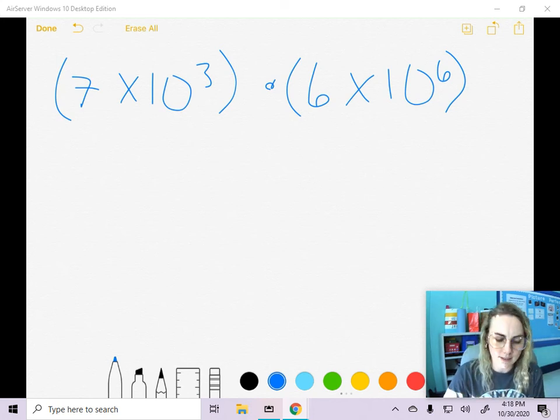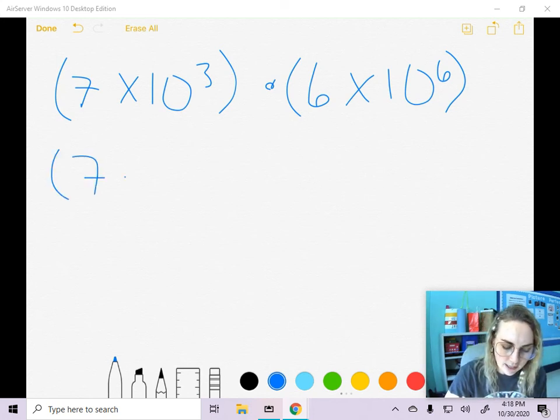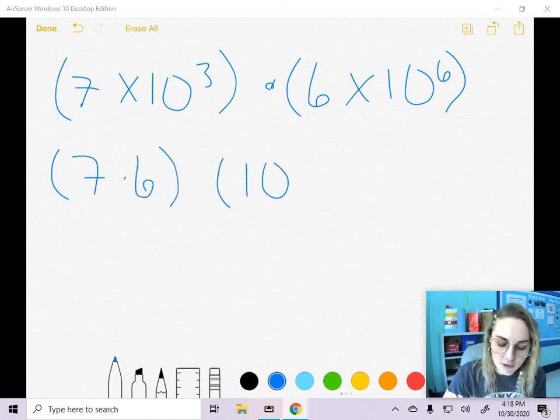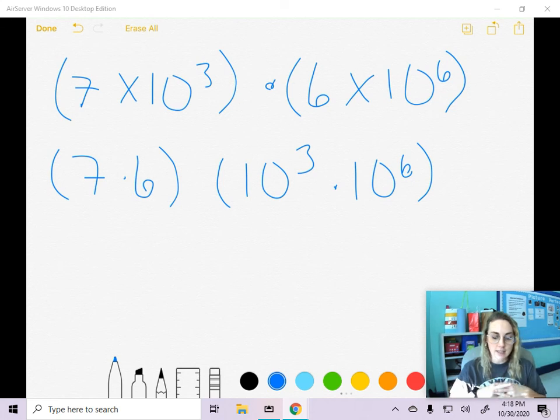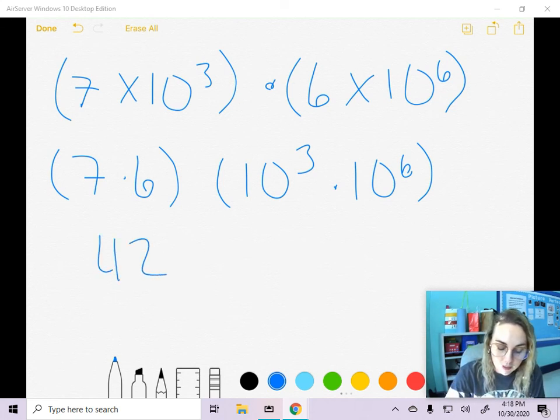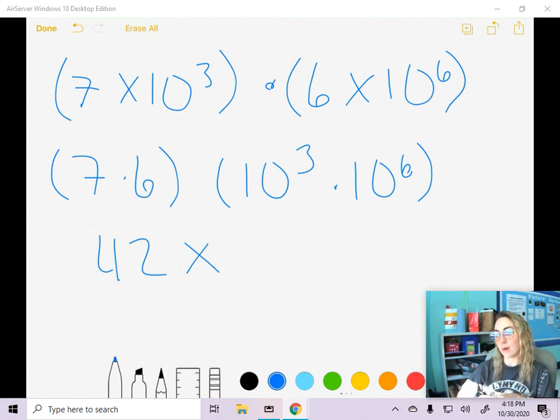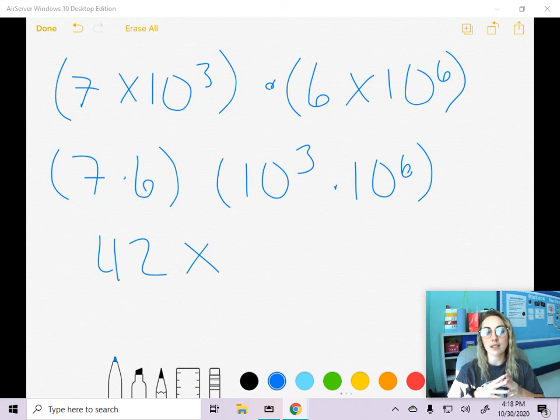Let's rewrite it as 7 times 6, and then 10 to the third power multiplied by 10 to the sixth power. Once we group them, it makes it a lot easier. 7 times 6 is 42, and we multiply that by 10 to the third power times 10 to the sixth power.